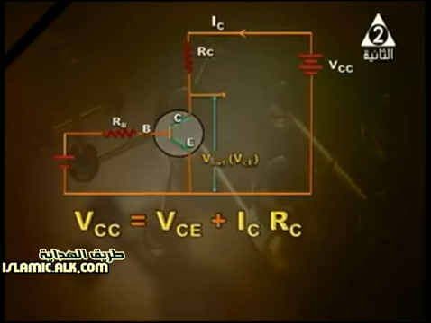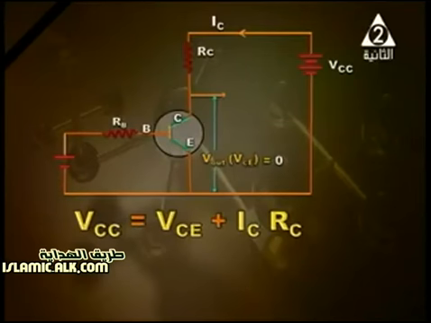Once again, the base is connected to the positive terminal. In this case, the output voltage is equal to 0. The question is why? Current passes through the base, a large current passes through the collector, and this means ICRC is very huge.